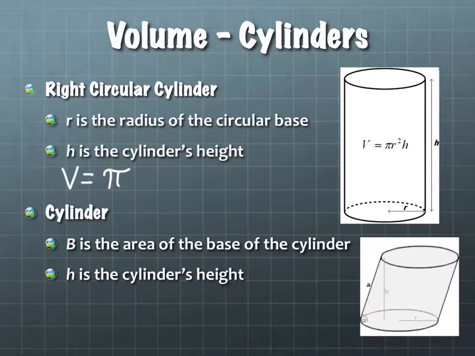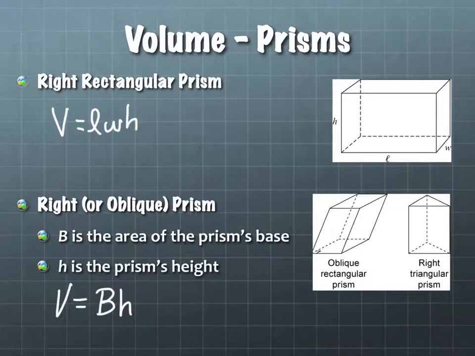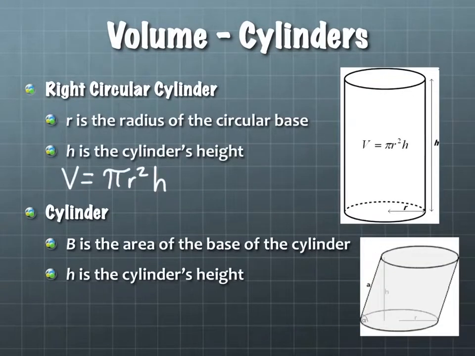Well, the area of a circle is pi r squared, and then we multiply again by the height. So it's actually the same formula over here. It's just that we know it's a circle on the bottom, so I can fill in a formula for the area of a circle, whereas over here it could be any shape along the bottom, and it would work. So that's for a right circular cylinder.